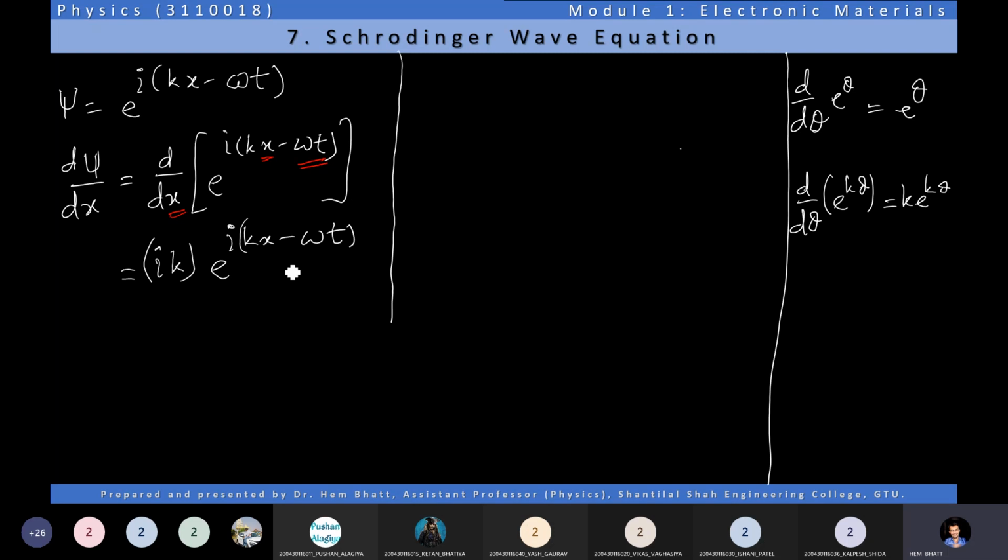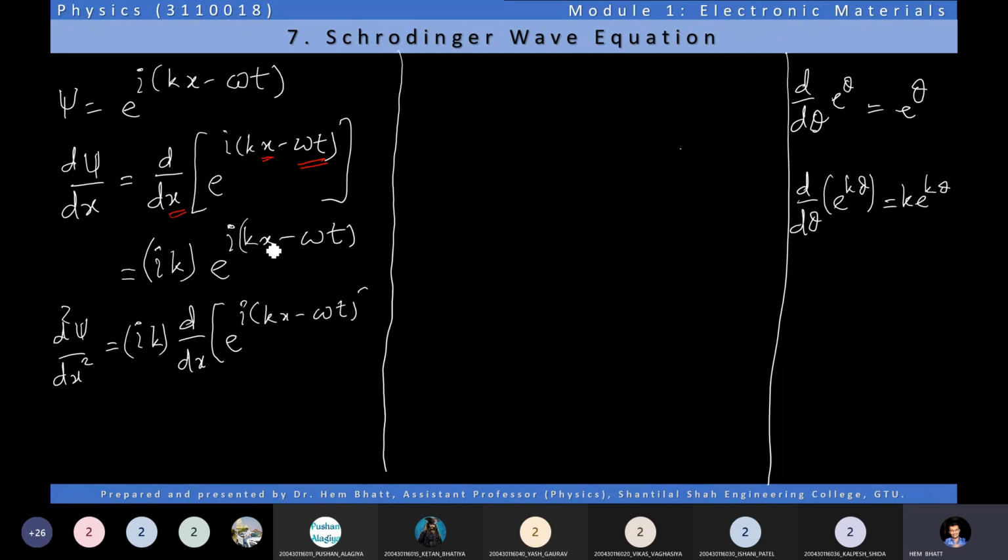What if I differentiate it once again? So d2 psi by dx square: once again i into k is constant, and again d by dx of e raised to i kx minus omega t comes back the same. So i into k, once more i into k e raised to i kx minus omega t.